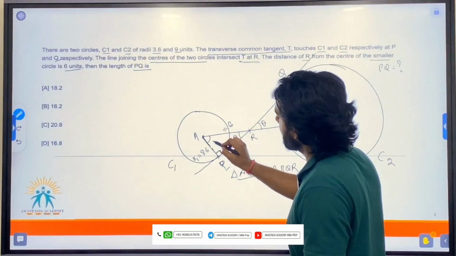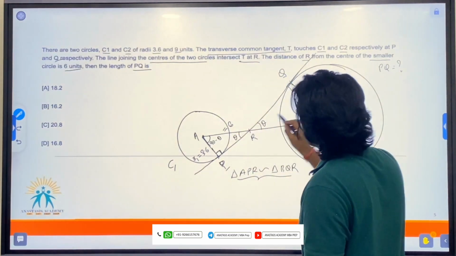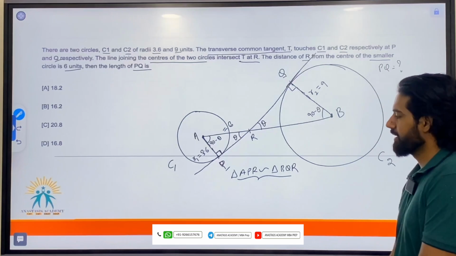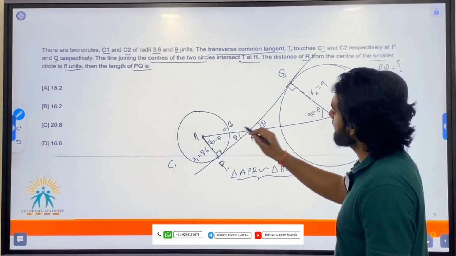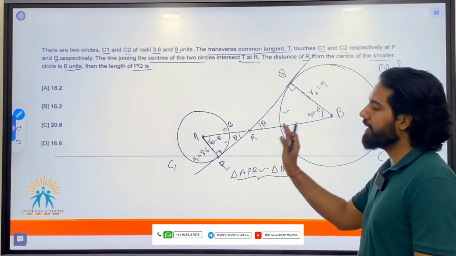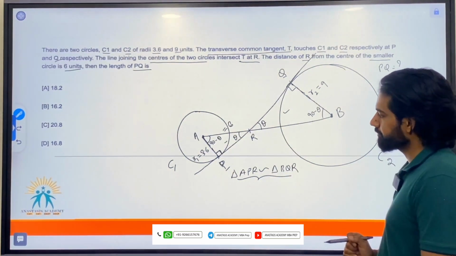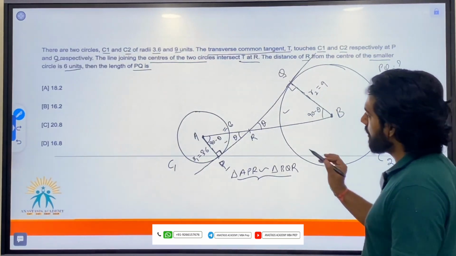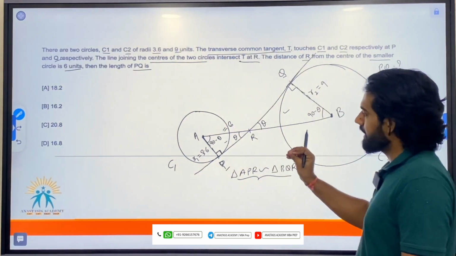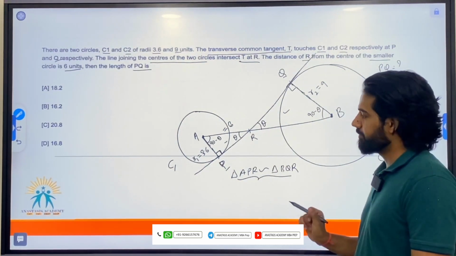The third angle would be 90 minus theta, and the same here. Now if these two triangles are similar, the ratio of their corresponding sides would be equal, right? And the corresponding sides would be the sides opposite equal angles.